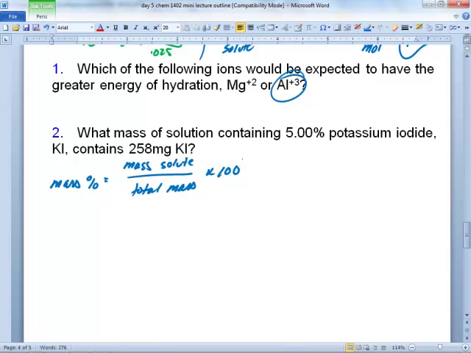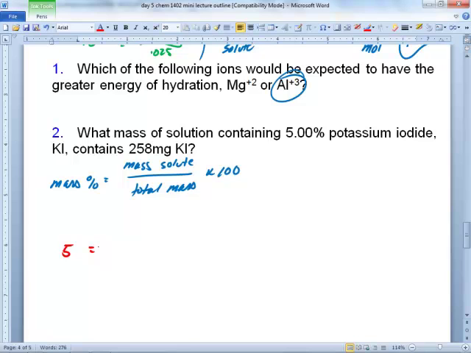All right. So for the mass percent, everybody, we're going to put in the 5. The mass of the solute. Which one are we solving for? We're just looking for total mass. So the mass of the solute, you put in 258 milligrams. Now, if we put in 258 milligrams, that means your total mass is going to come out in what units? Milligrams.